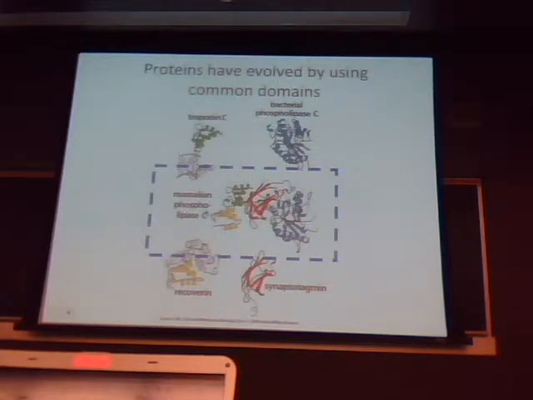For example, this mammalian phospholipid looks like a very complex protein, but if you apply the domain concept, you'll discover that it's simply a link of a bunch of sub-motifs or domains found in various different proteins, and they just put them together to make a multifunctional protein. And this actually happens a lot.